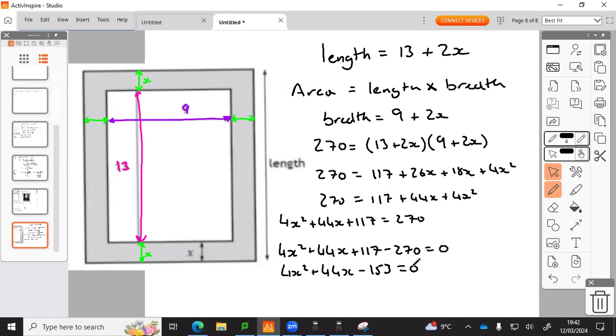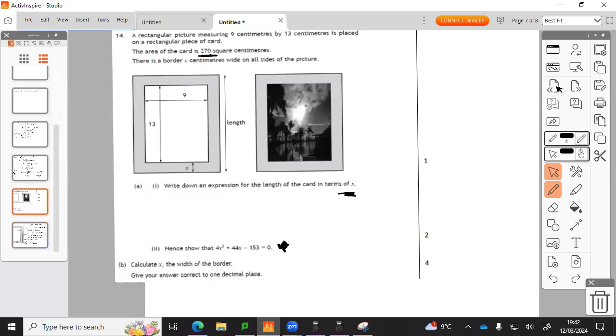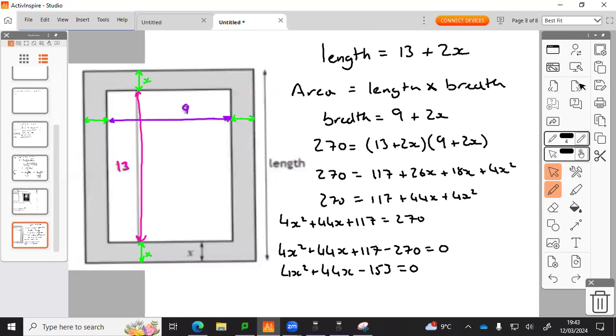Now, going back to the question, calculate x, the width of the border. It's asking us to do it to one decimal place, so we're going to be using the formula. Calculating x with a quadratic just means we're going to use the quadratic formula.